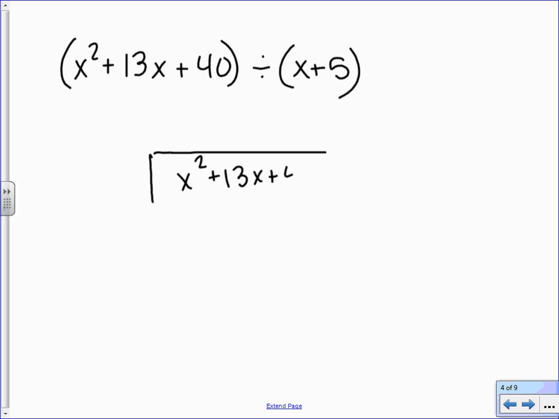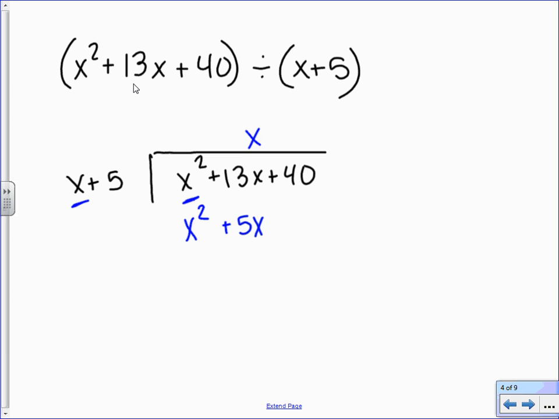Put the dividend inside. Put the divisor outside. Worry about the first term, x and x squared. We've got to multiply by x. Distribute it, so x times x is x squared, x times 5 is 5x.